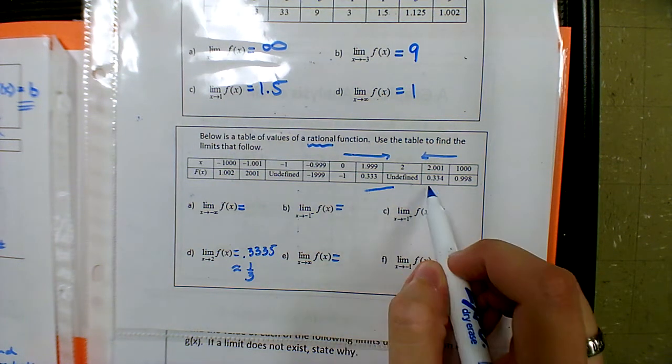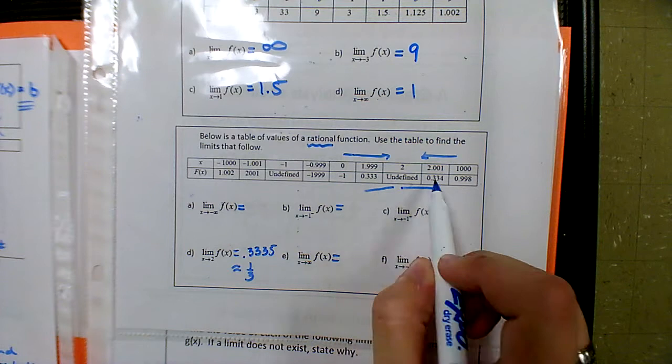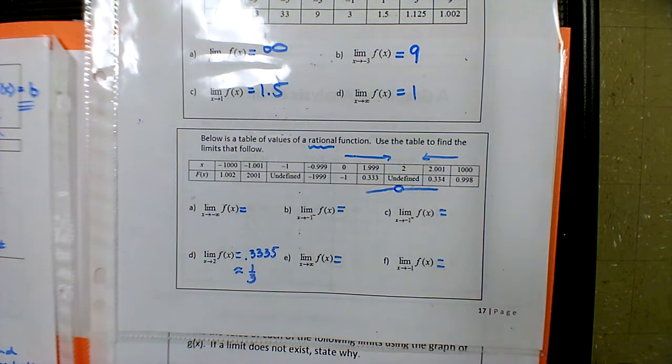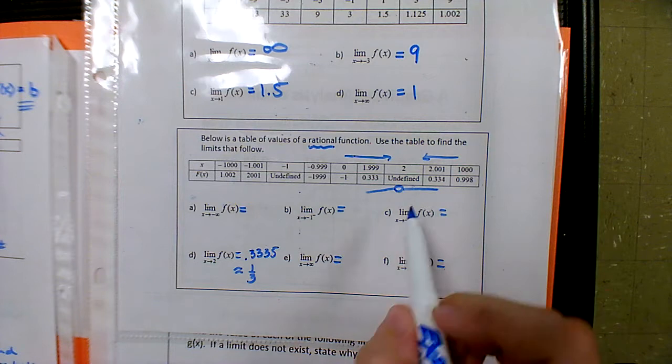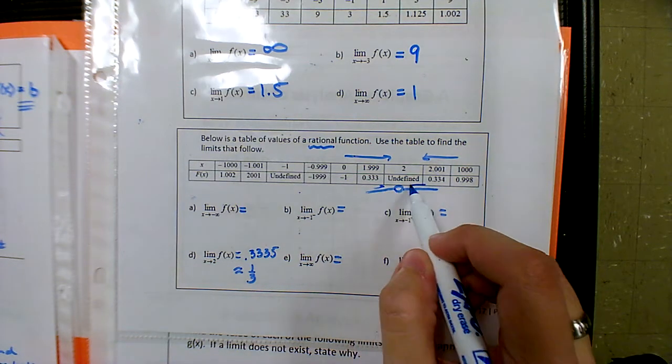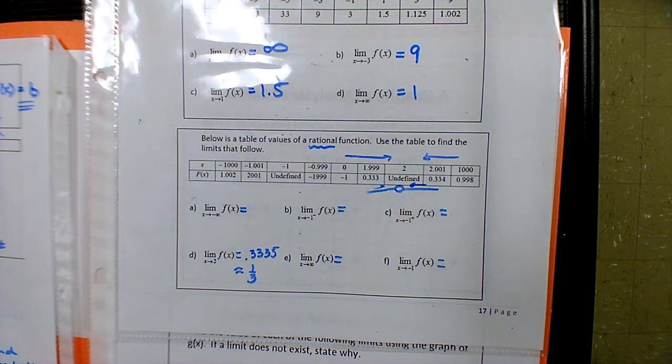Notice how the left-hand side and the right-hand side are very close together, but at that point of 2, it's undefined. Okay, it's an open circle. So the limit exists when you're talking about a hole, because the left and the right do meet up, but they don't actually touch each other, because we have a hole, it's undefined.